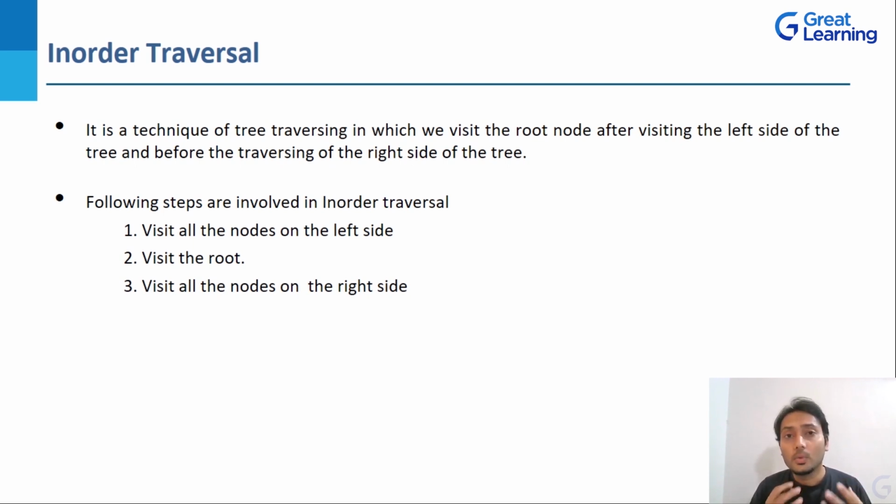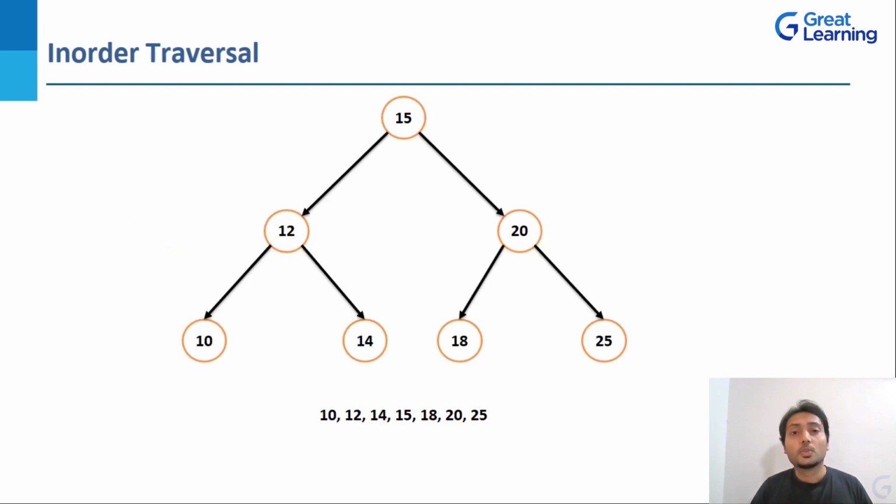Now, what are the uses of in-order traversal and how to implement it? We'll try to understand this with an example so that it will be more clear for you. Just look at this example. We have a tree here.